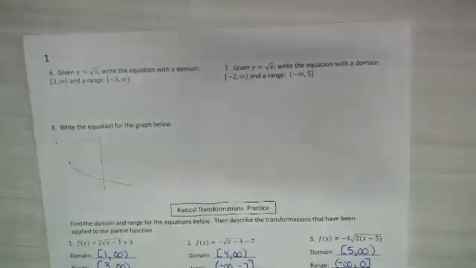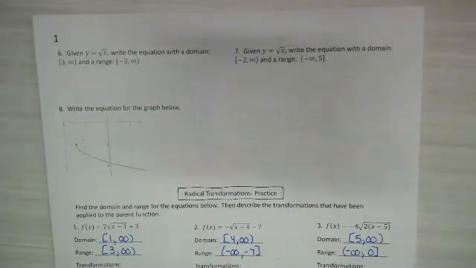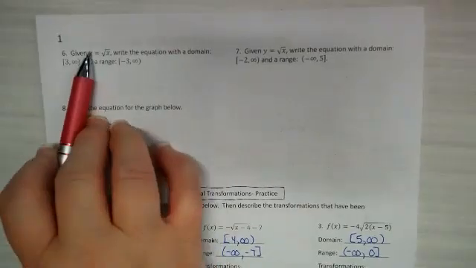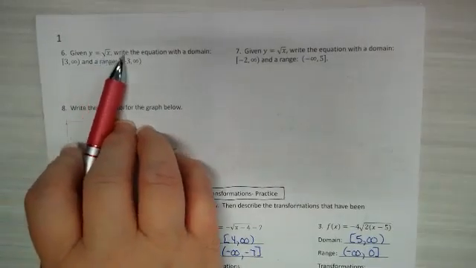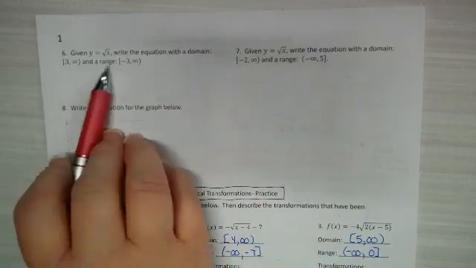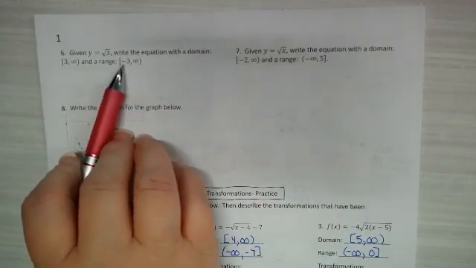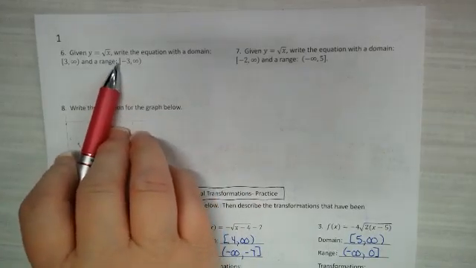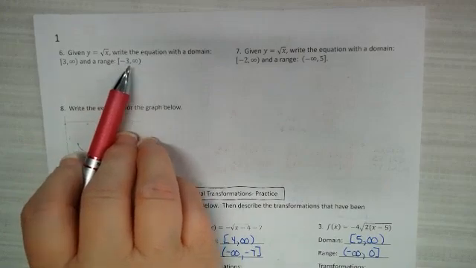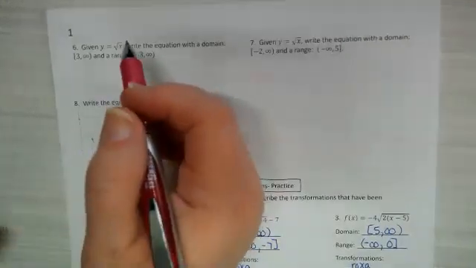All right. On the next page, we have a couple of thinking questions for you. So over here, let's take a look. Number 6 says, given y equals square root of x, write the equation with this domain and this range. So remember, if the range flipped to -infinity, then it was a reflection, but this one's not a reflection.